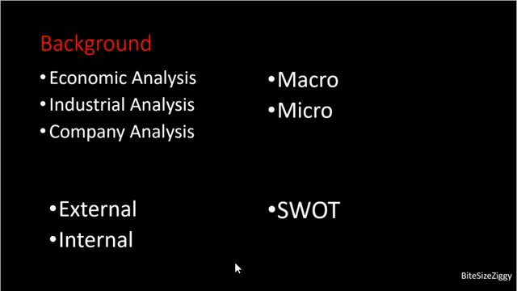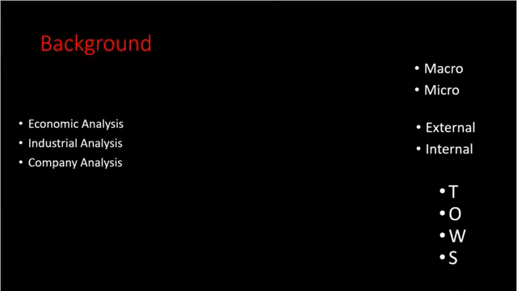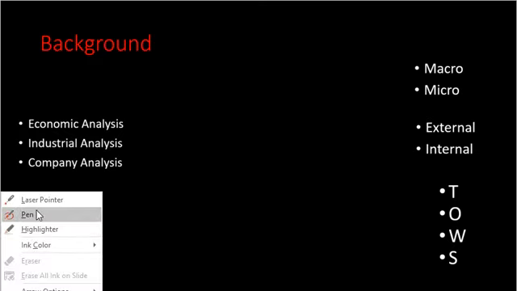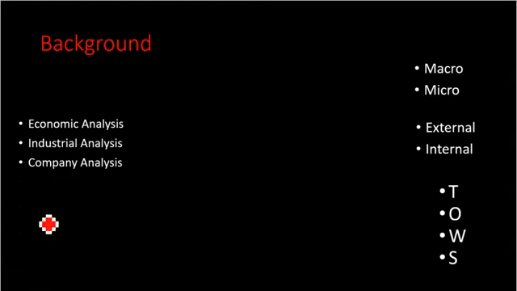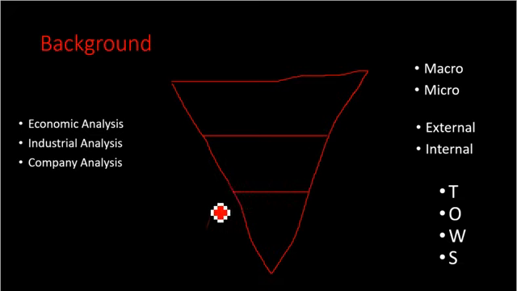Now, if you try to put this together, you will come up with something like this. Let me get my pen. So let's try to use a red pen for this discussion. There you go. If this is an inverted triangle, you divide this into three, and this is now your top-down analysis.